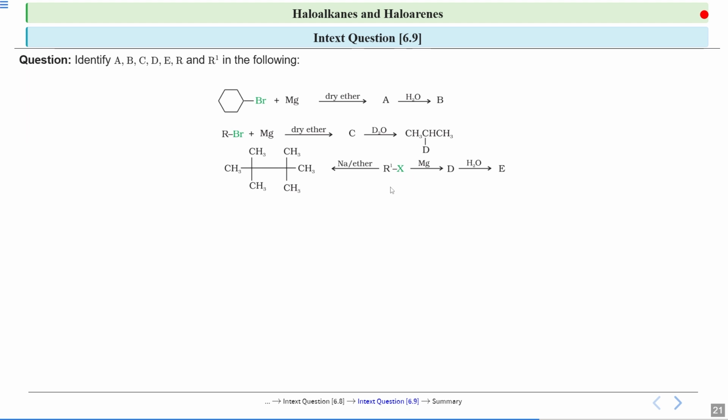And when the same R1X reacts with magnesium, you get a product D. You have to identify D. And when D reacts in the presence of water, you get E, and you have to identify E. So A, B, C, D, E, R and R1 are the unknown compounds that you have to identify in these reactions. You are given some time to try to analyze this question, and then we will see the answer.